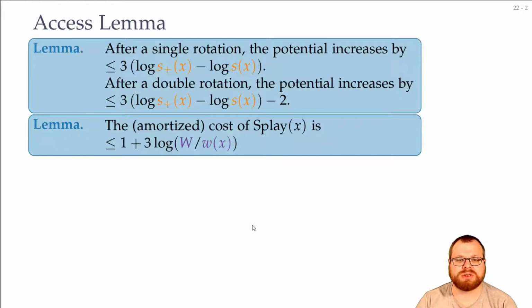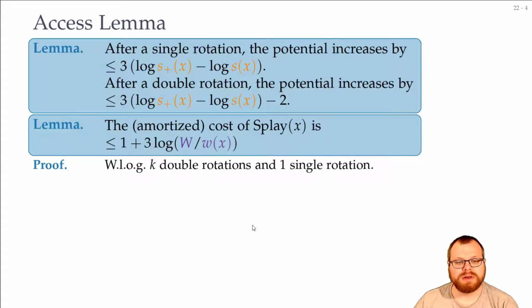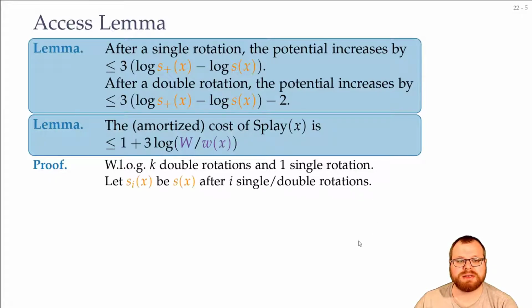And this is already a big step. So how do we prove this? So we assume that we have k double rotations and 1 single rotation. You can also easily prove it the same way if we have only double rotations, but since the single rotation is the bad guy, we will just do the harder case and then the easier case follows. So what happens? We have k double rotations, so the potential increases by k times this, and 1 single, so again by this.